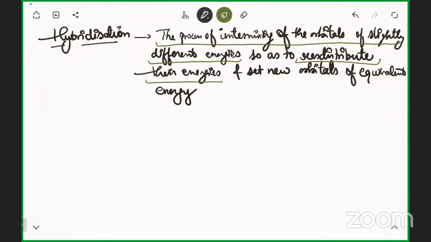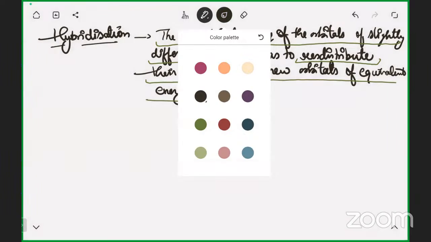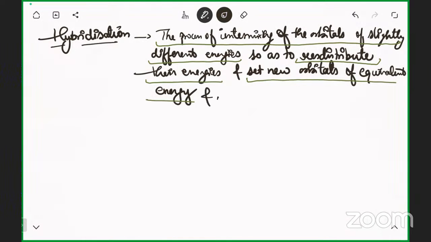And when there is redistribution, third, a set of new orbitals of equivalent energy and shape are formed. Three things: process of intermixing, redistribution of energies, and new orbitals forming with equivalent energies and shape.